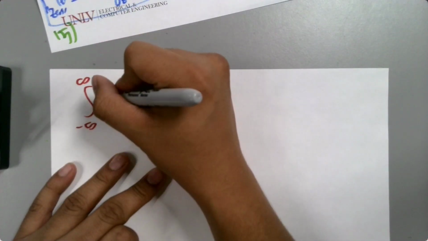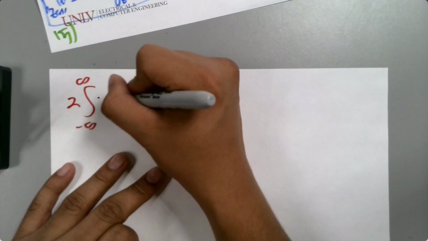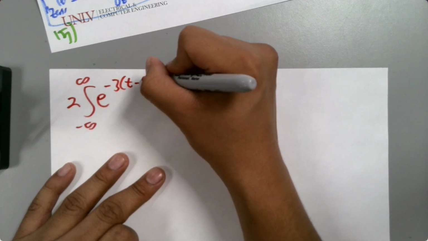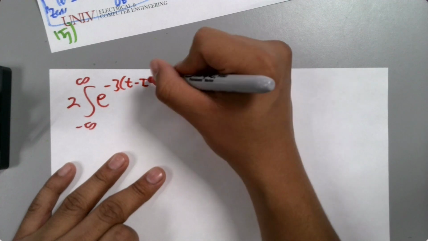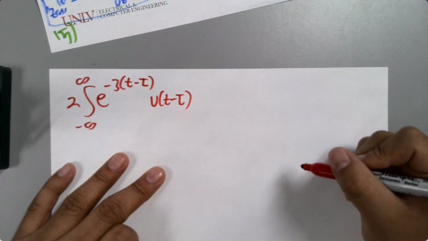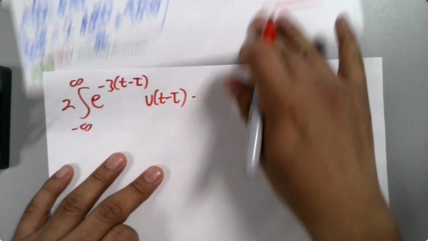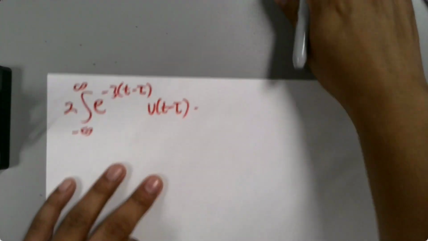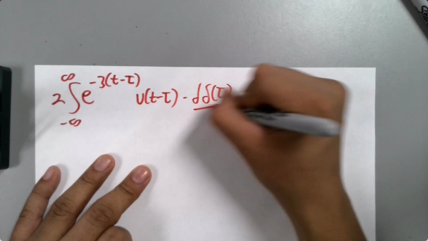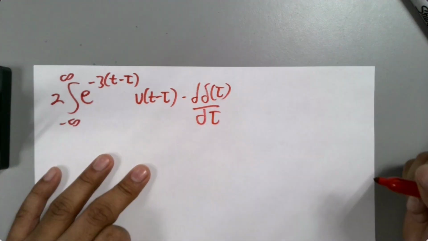Put the 2 outside. e to the minus 3 (t minus tau), u of (t minus tau), times, I'm going to bring that delta function back, delta of tau, d tau, okay?